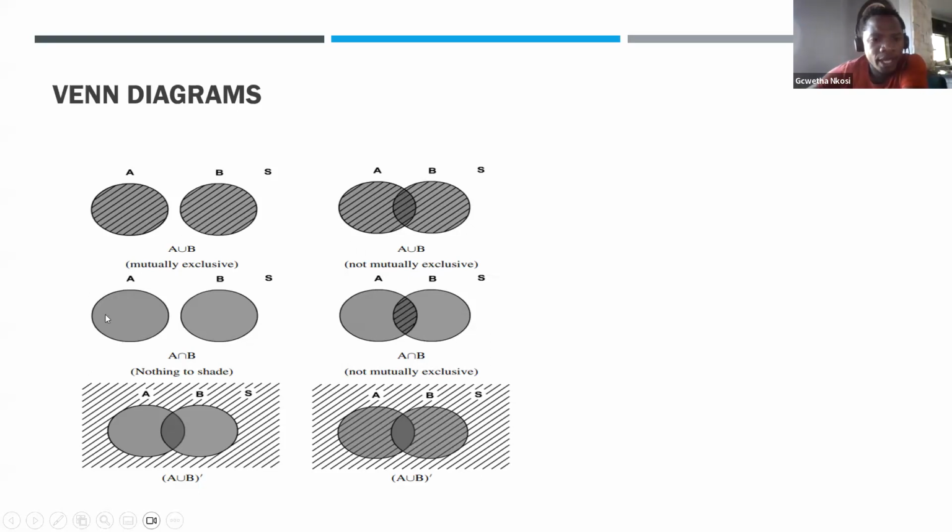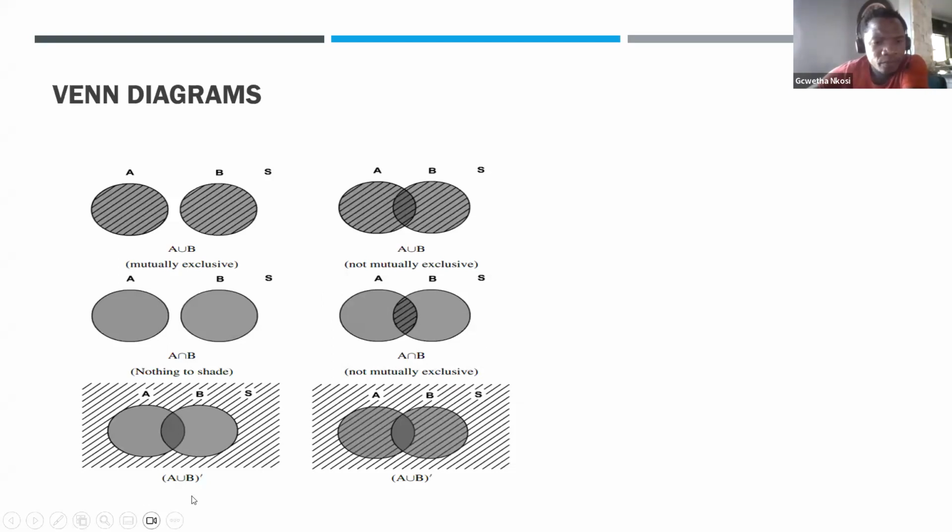If they are mutually exclusive, there is no intersection, so there is nothing to shade. For these ones, there is an intersection, so after the shading we look at the dark gray area where we have those cross-sectional lines. So these are not mutually exclusive. That is how you have to draw your Venn diagram.